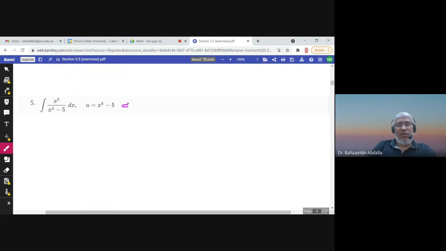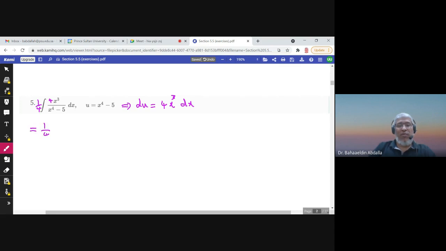u is given, du would be, the derivative is 4x cubed dx. I have x cubed in the integral, so I need 4 here. So I divide by 4 outside.